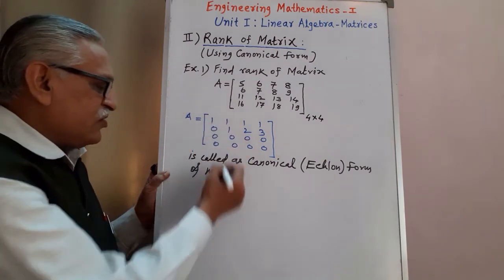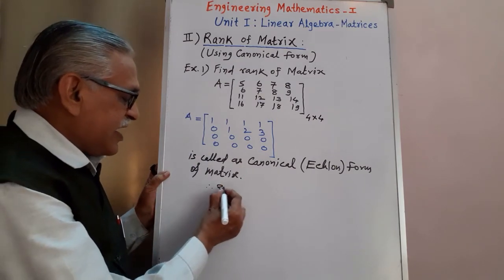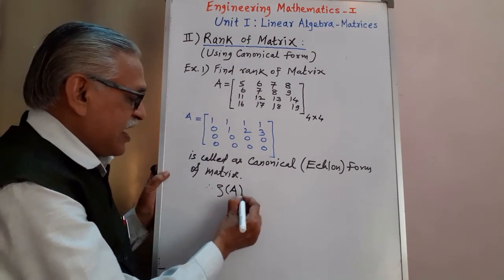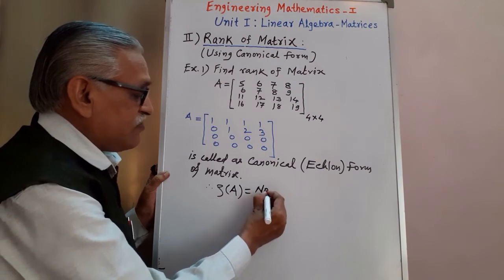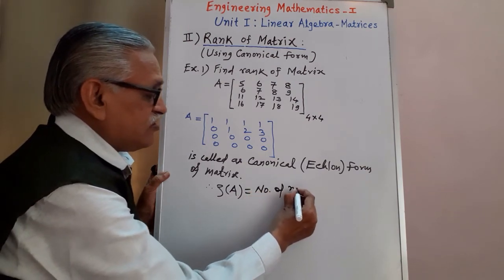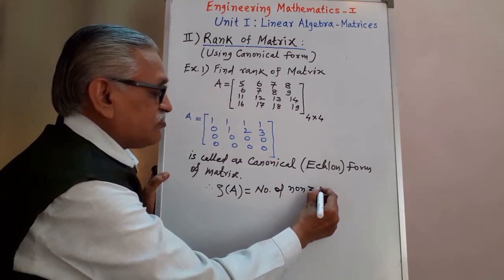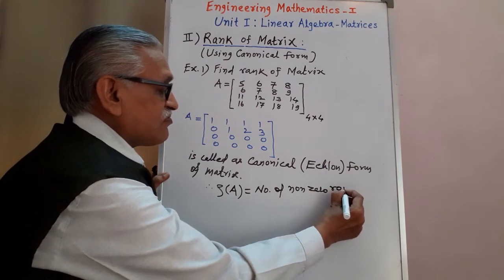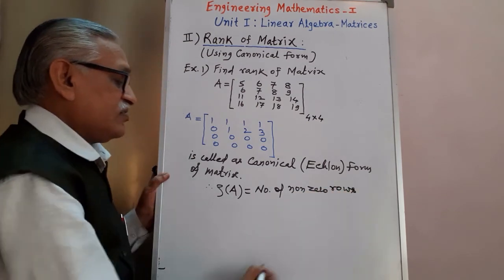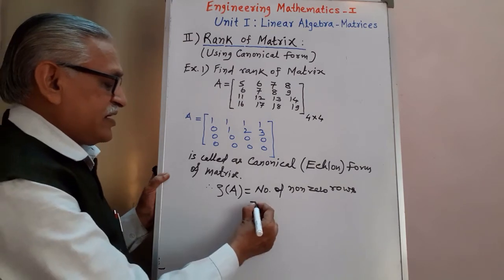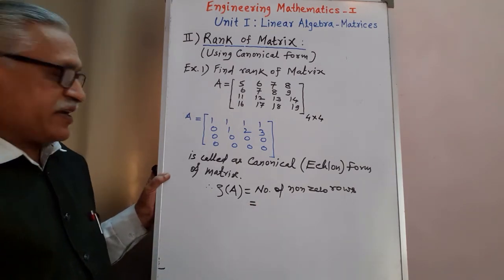And after getting this canonical form, we find the rank of matrix as the number of non-zero rows from that canonical form matrix.